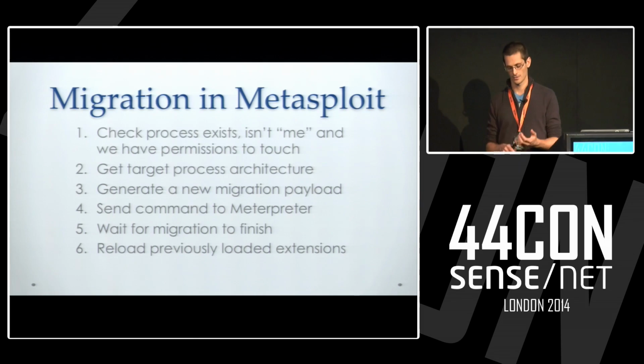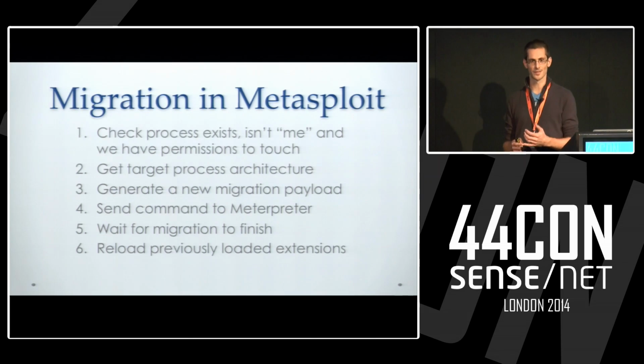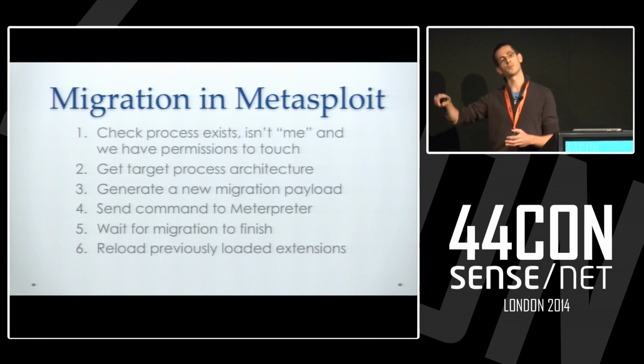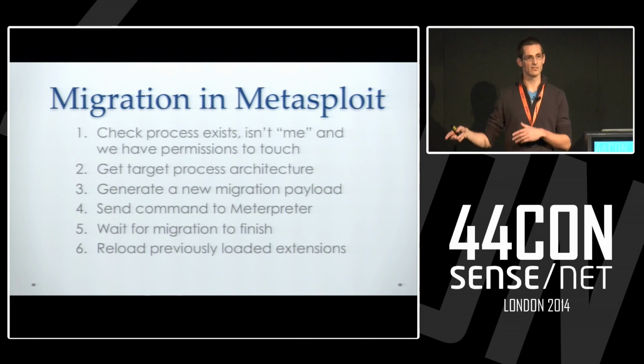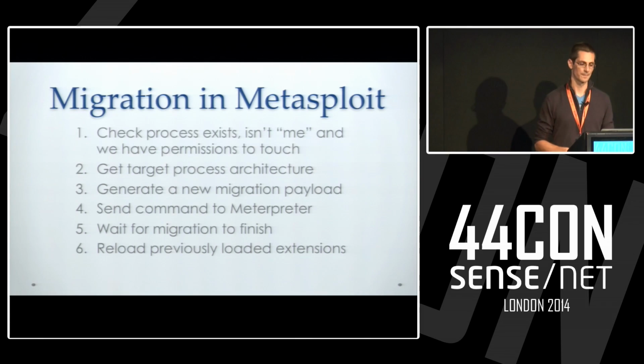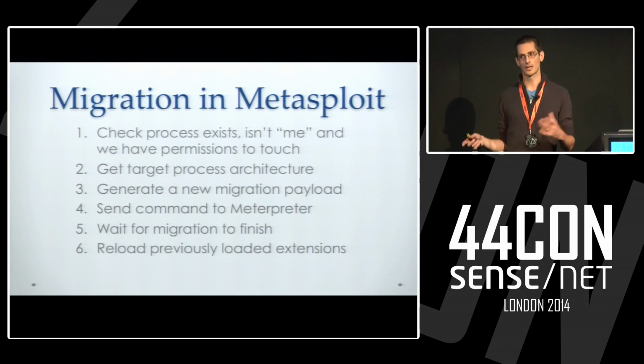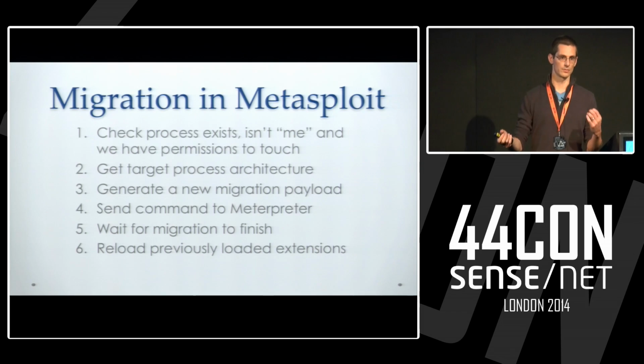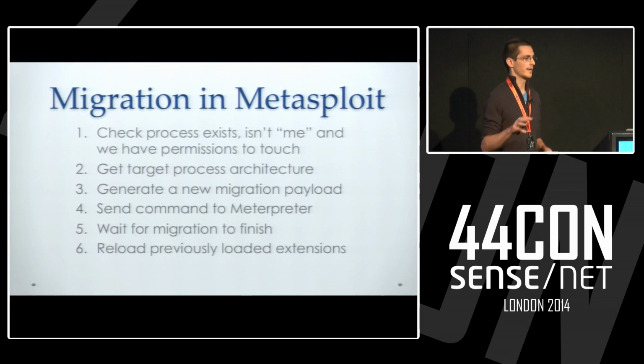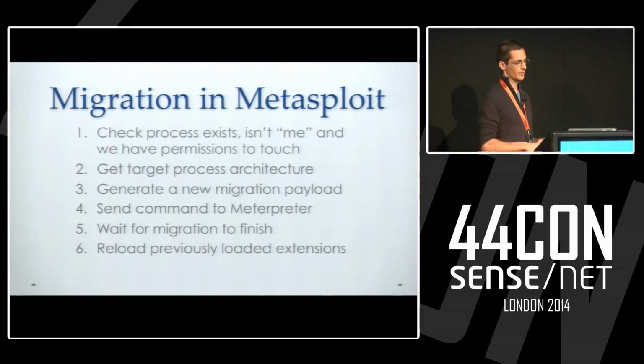Am I migrating to myself? Because that's pretty stupid. Do we have permission to actually modify the memory space of the target process? Because if we don't, then we're not even going to attempt to do it. We're going to figure out what the target process architecture is, because migration allows you to jump from 32 to 64 or 64 to 32, and it caters for all the different scenarios for you.